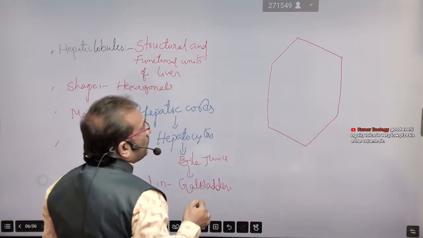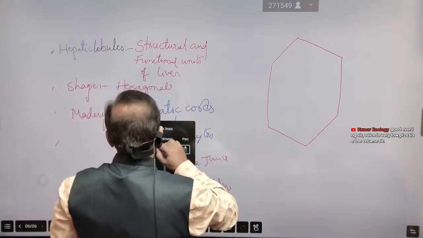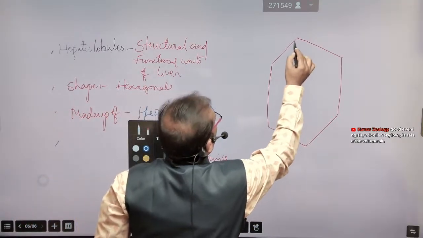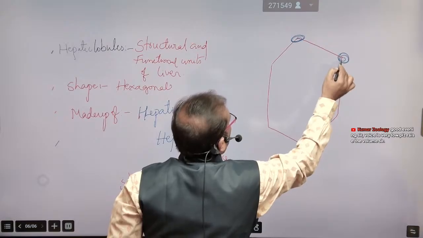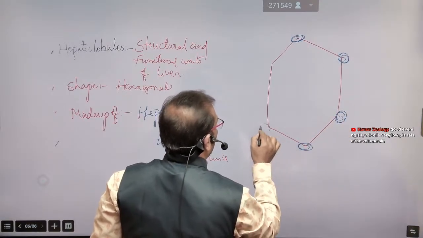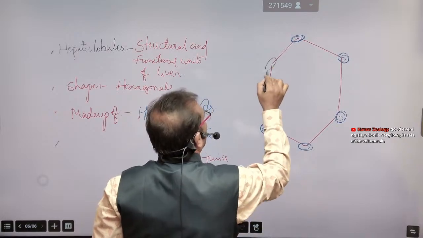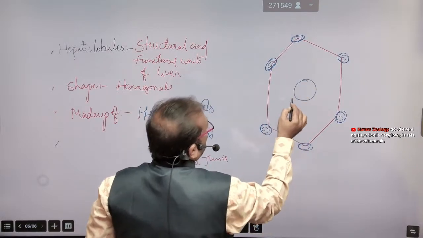So this is one hepatic lobule. It has six corners, with hepatic portal vein branches, and in the middle a central vein is present.